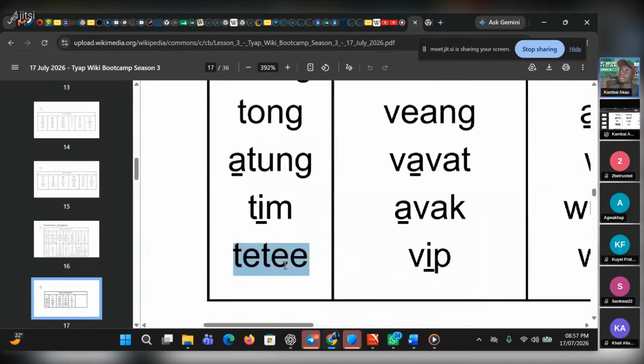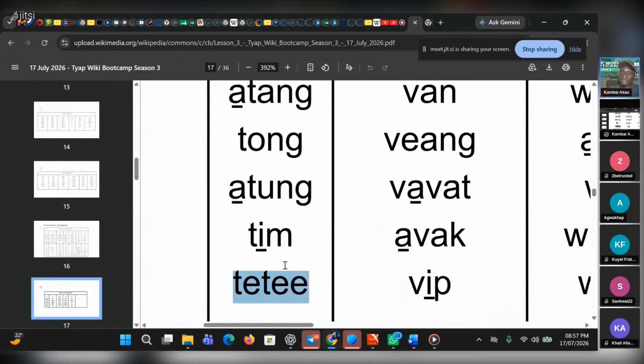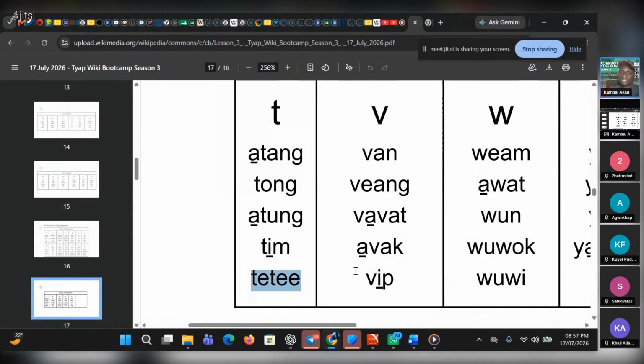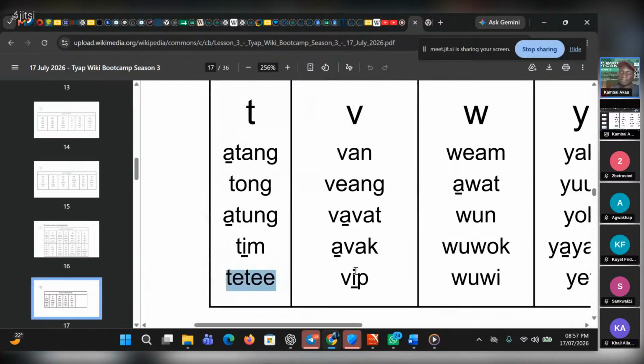So tete, we have tate, but it's a variant. Tete, tate. Tate is like a new baby. Like those children that are learning how to stand on their feet.